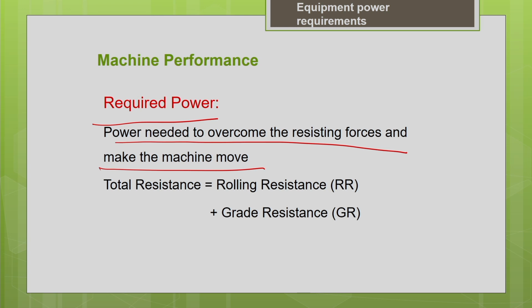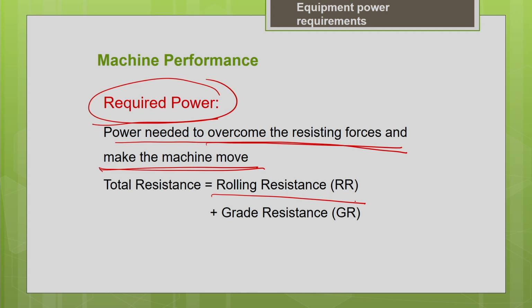That is what we are going to see, how to determine the required power of the particular machine. It is basically the power needed to overcome the resisting forces at the project site and make the machine move. So, what are all the different types of resistances the machine is going to encounter? That is what we are going to see.